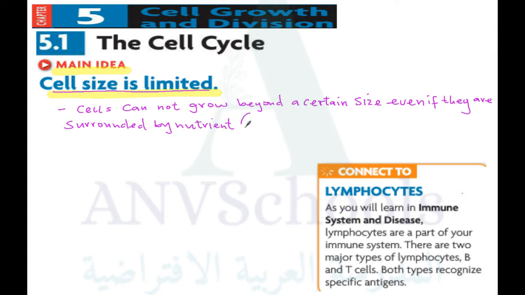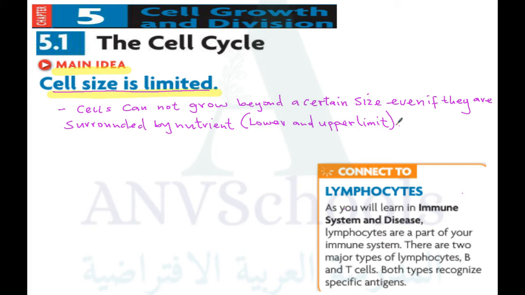They will always have a lower and upper limit. By a lower and upper limit here, we mean that it cannot grow very small, neither can it grow very large.